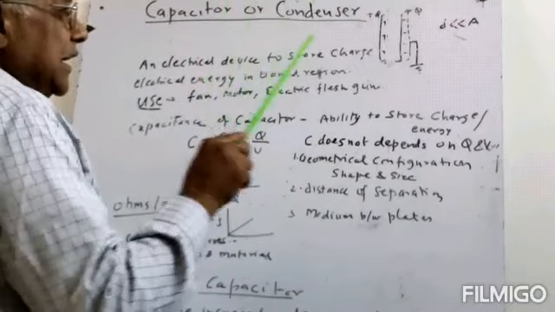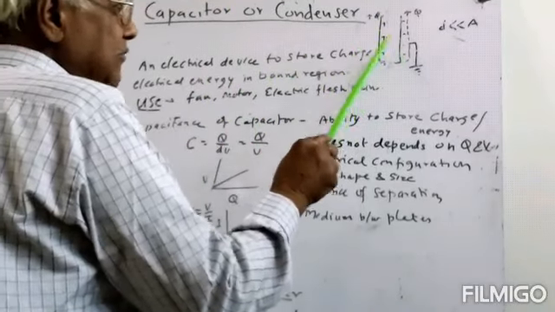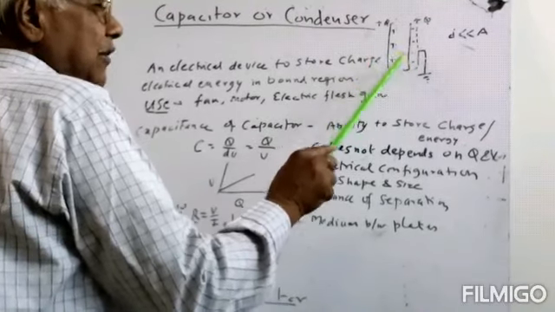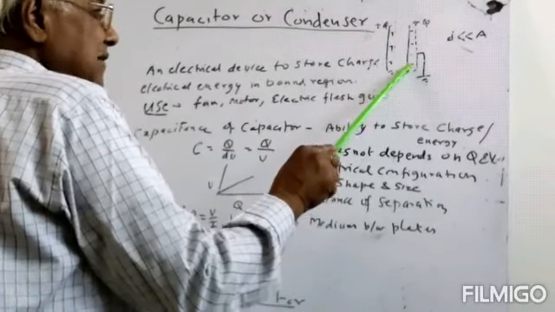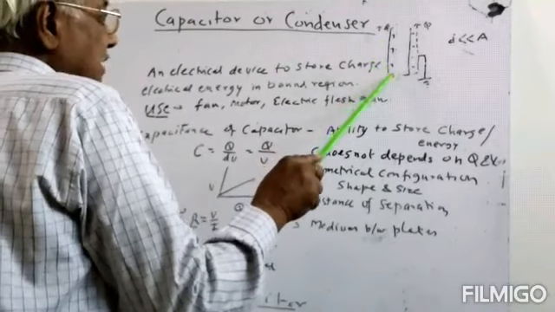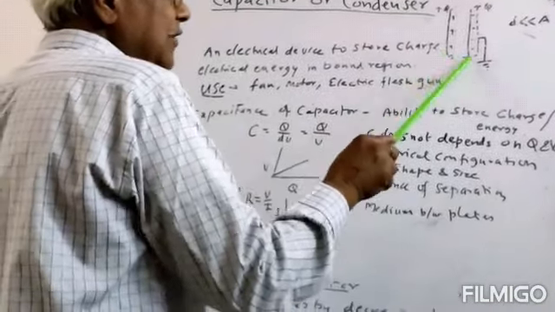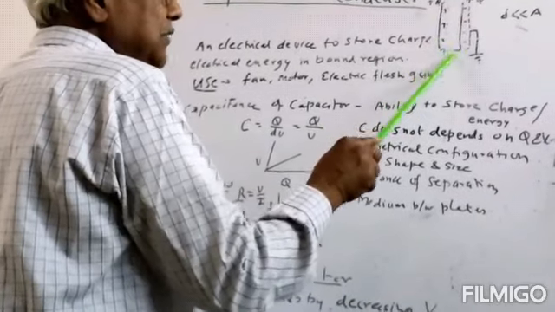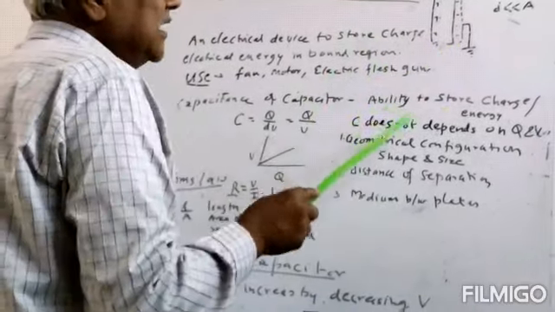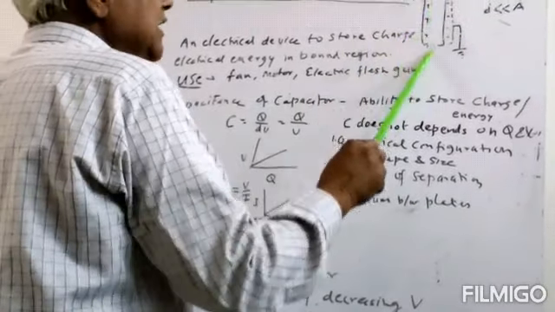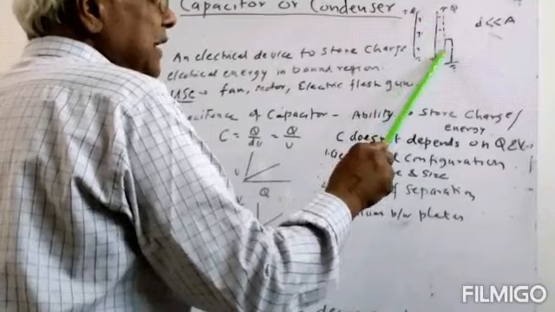Number one, it is proportional to the area of the plates. These two plates are equal in size and equal in dimension. Then it is proportional to 1 by d, or it is inversely proportional to the distance between the two plates. Then the third thing, it will depend upon the medium or dielectric which is present in between these plates.